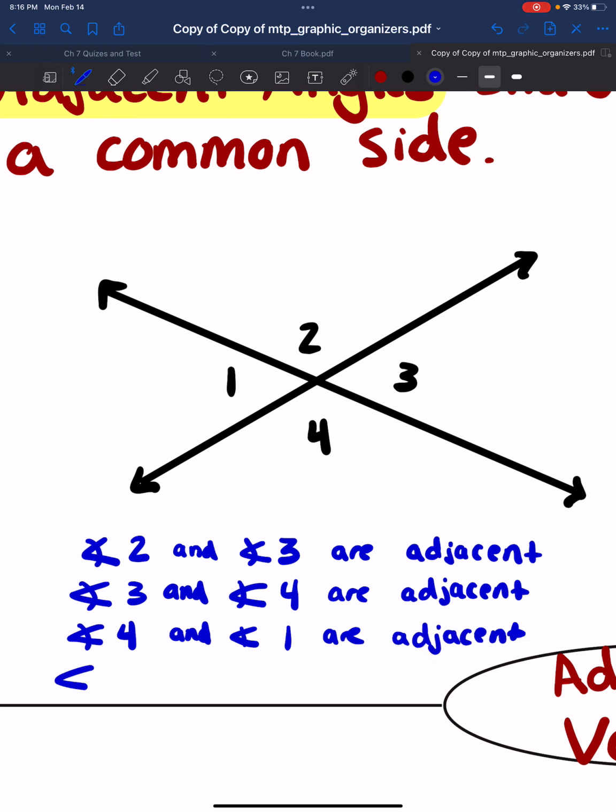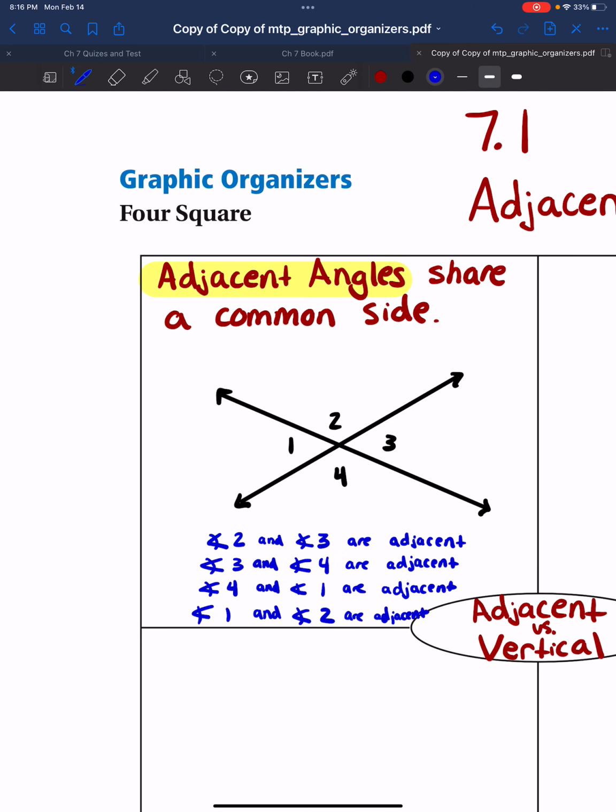And then I've got angle 1 and angle 2. Okay. So adjacent angles are ones that share a common side. I'm even going to draw a little arc right here, and a little arc right here, and I can see that those guys are adjacent because they share the blue side. Okay? Adjacent angles share a common side.